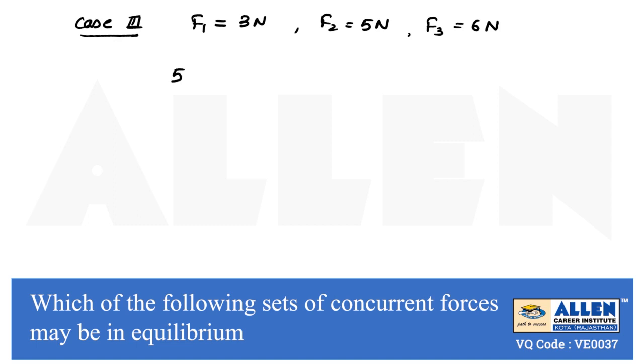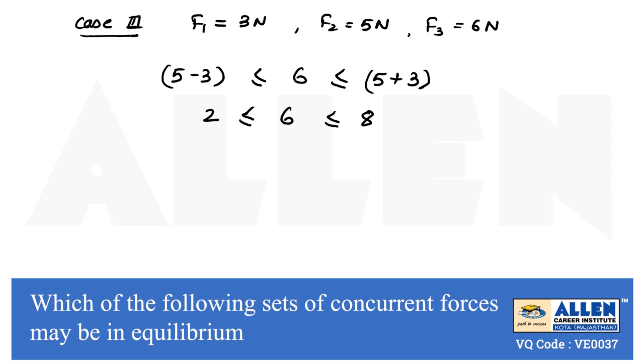The difference of these should be less than the remaining one, that is 6, and 6 should be less than the summation of the first two, that is 5 and 3. So we get 2 is lesser than 6 is lesser than 8. Here the condition of equilibrium is fulfilled, therefore this set of forces is in equilibrium.